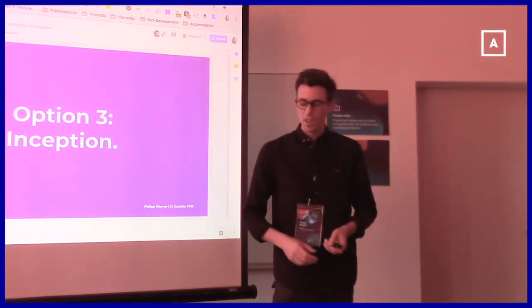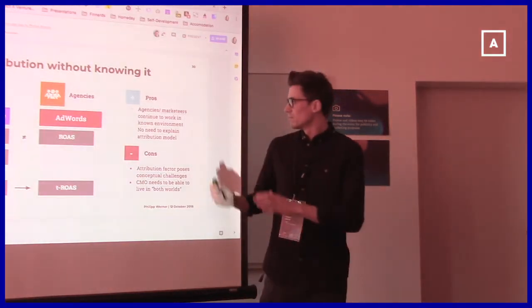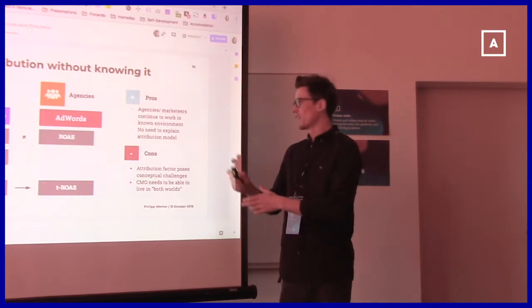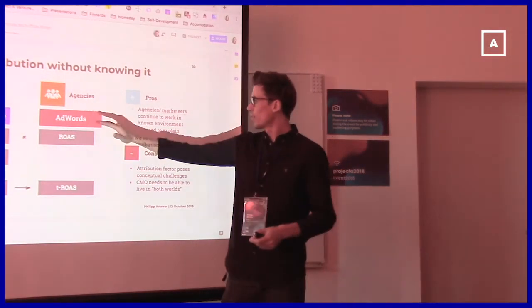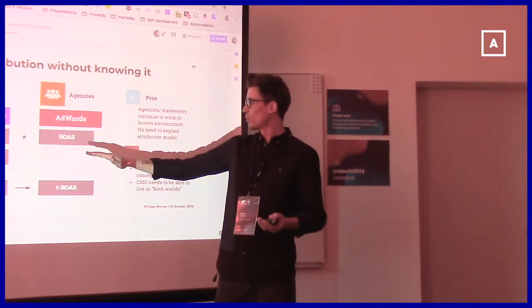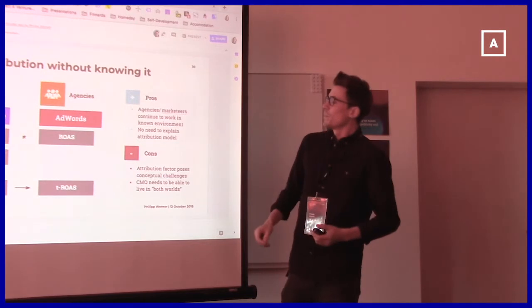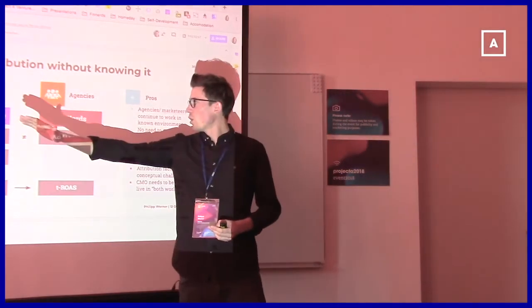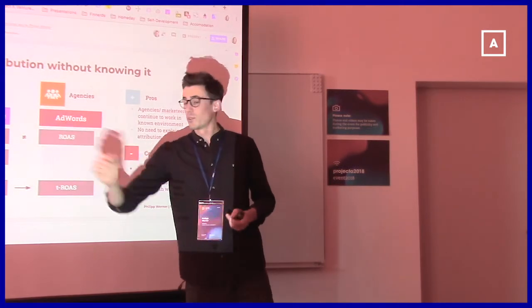The third one is one I really like, which I call Inception. Now that the animation is not working, this is harder to understand, but I'll run you through it anyways. So you have an agency, they're working in AdWords, they're working on non-attributed ROAS, non-attributed KPIs. At the same time, you have your CMO and his team or her team working in the data warehouse on attributed data.